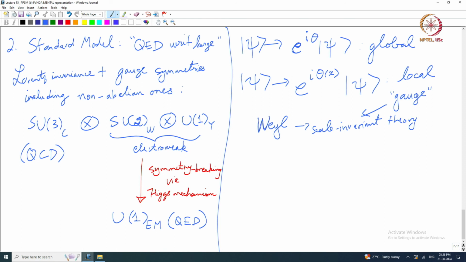Whatever resolution you use to work the theory out in, the theory does not change. So, since he historically used this for a scale invariant theory, he used this word gauge to denote the size of the components of the theory that he was looking at, okay. So, he was using the word gauge in the sense of size, but then the word stuck for other theories as well, although it makes no sense. So, we are just stuck with it, okay.